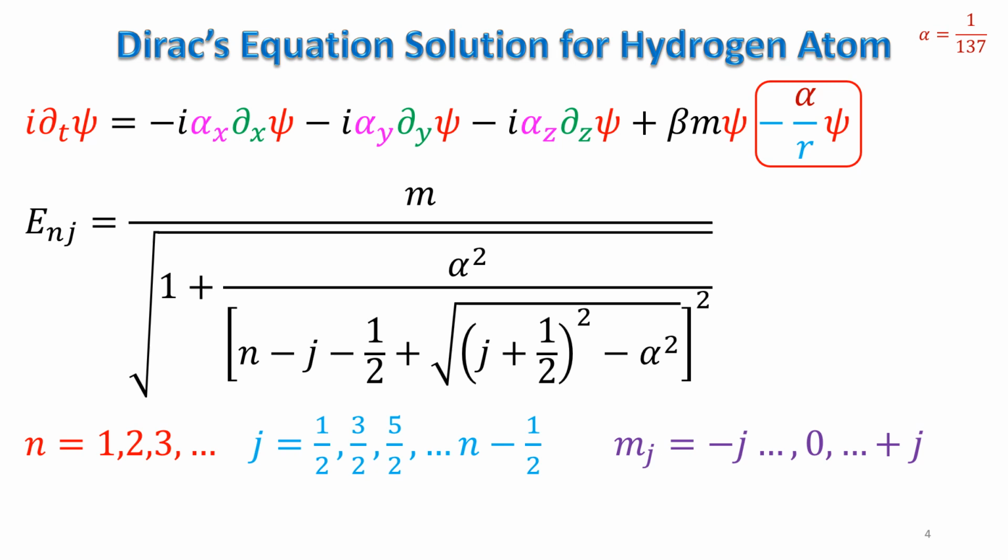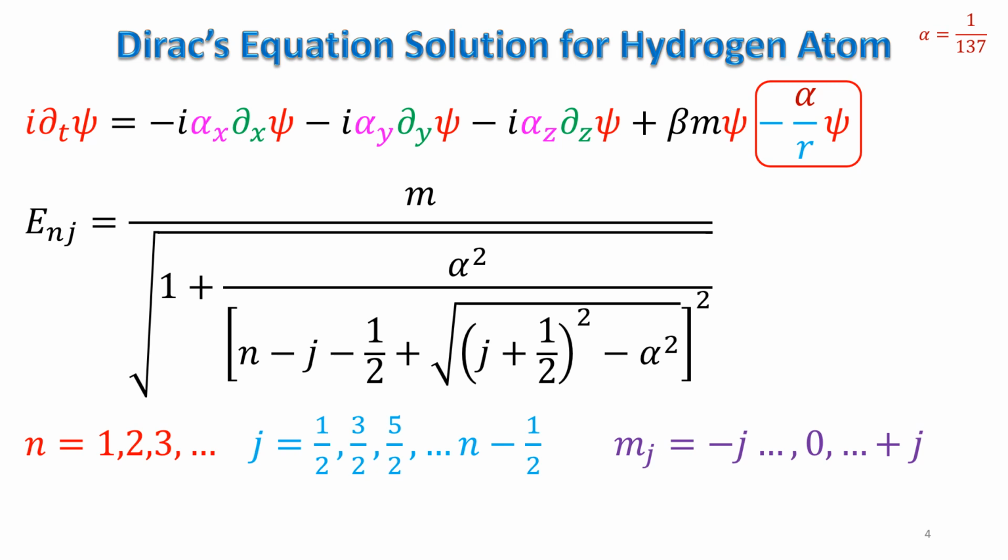In our natural units, this takes a form with minus alpha over r times the wave function. Here r is the distance between proton and electron, and alpha is the so-called fine structure constant, which is approximately 1 over 137.